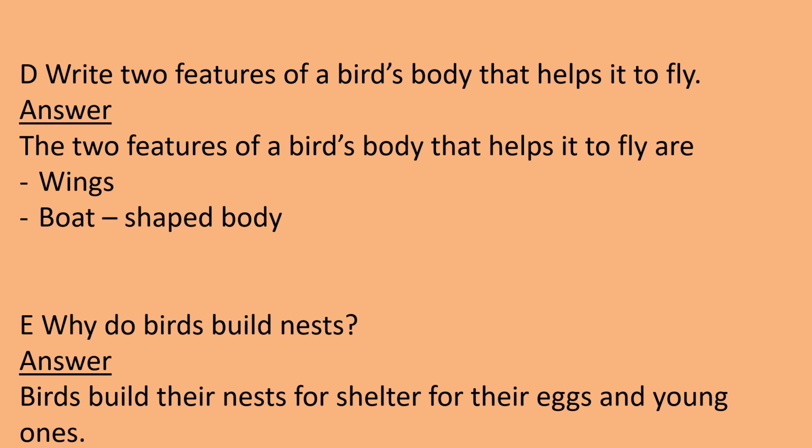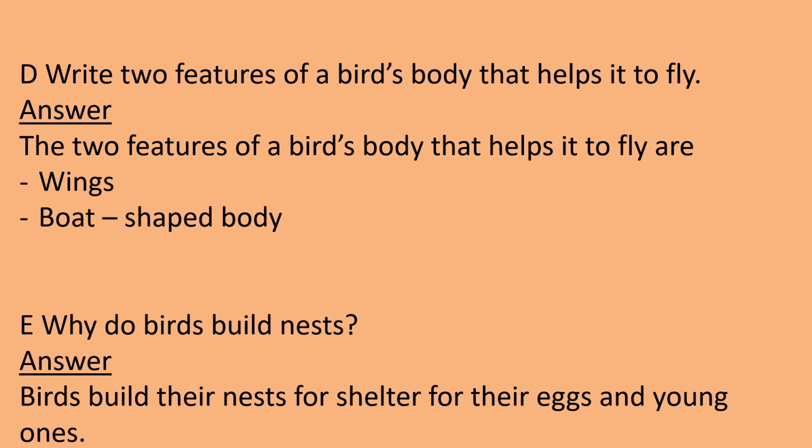The most magical thing about a bird is that it flies up in the air, the sky. And which body features help them to do so? The two features of a bird's body that help it to fly are their wings and their boat-shaped body.